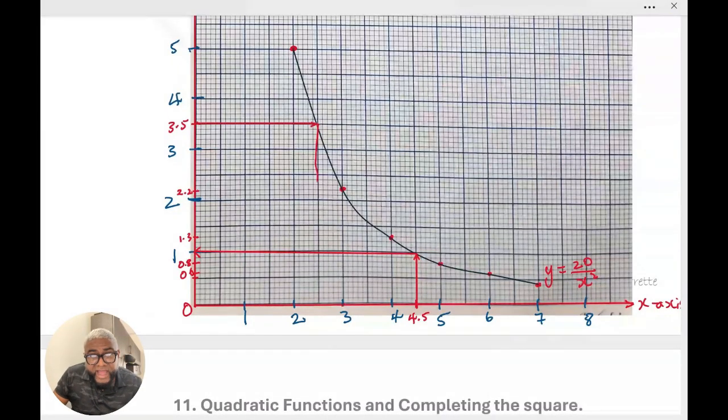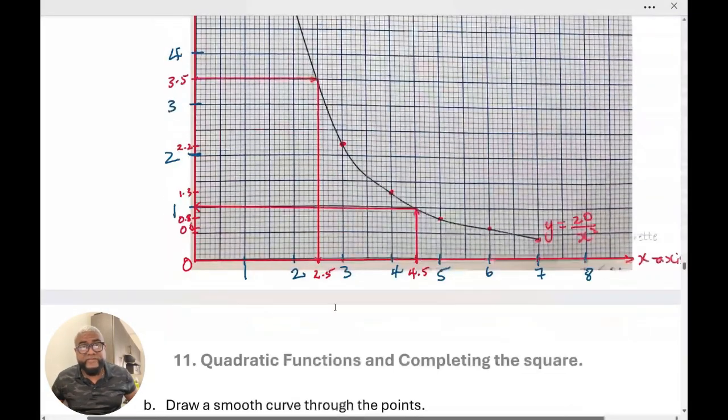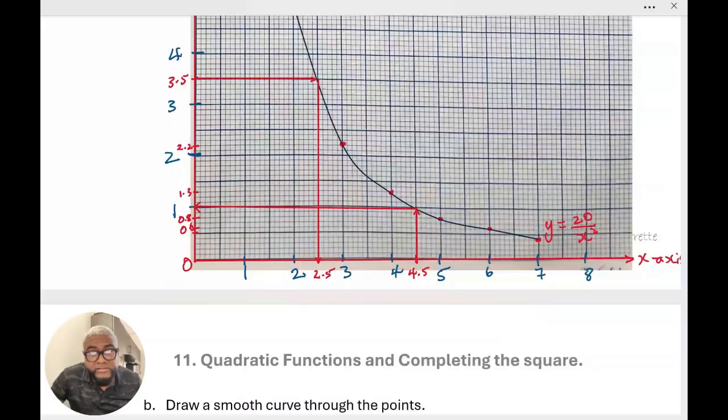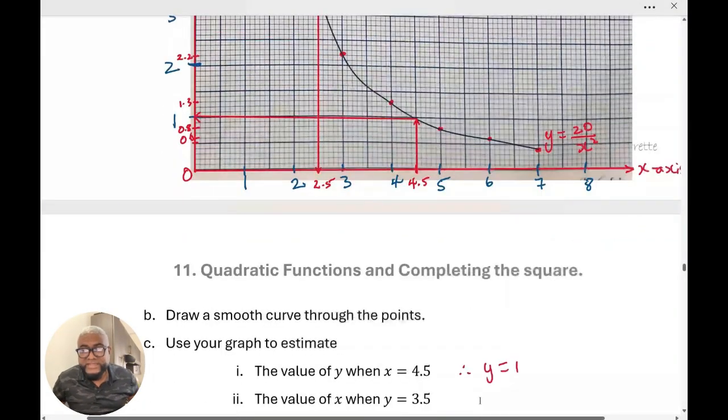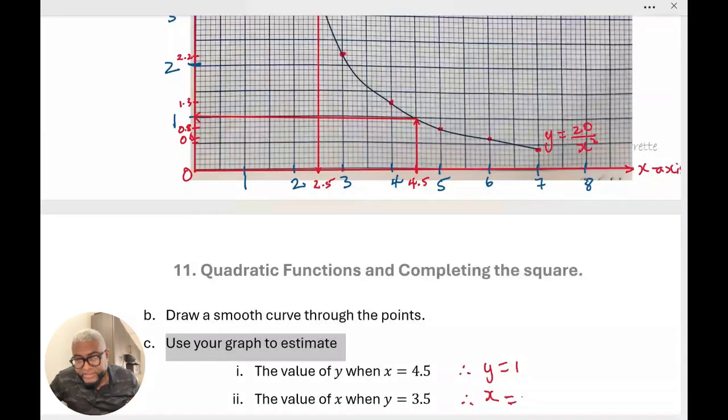If I come straight down, I get x as 2.5. Proper thing. Therefore, x is equal to 2.5. Right?